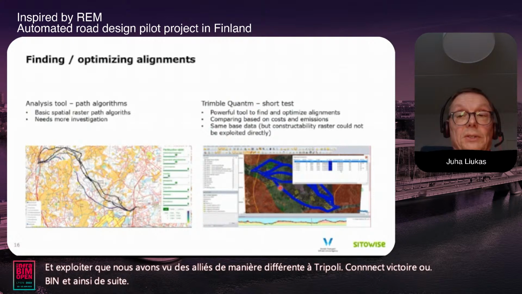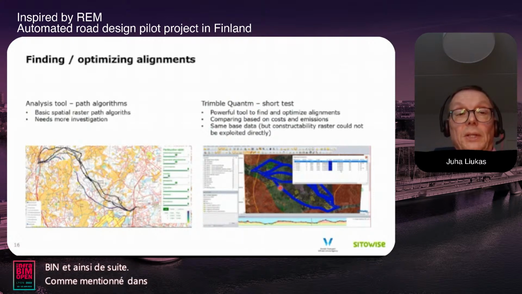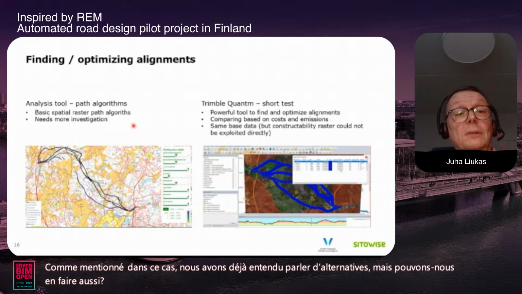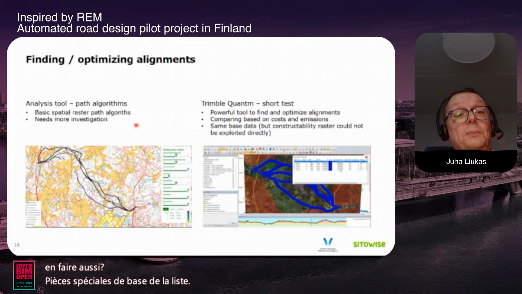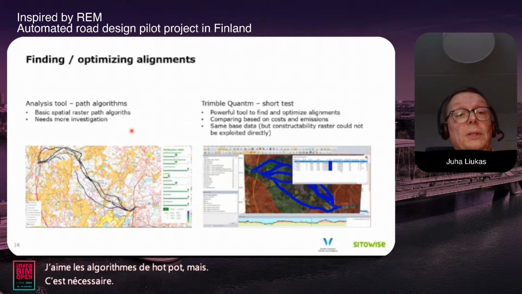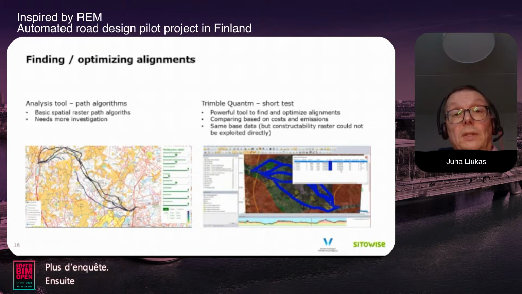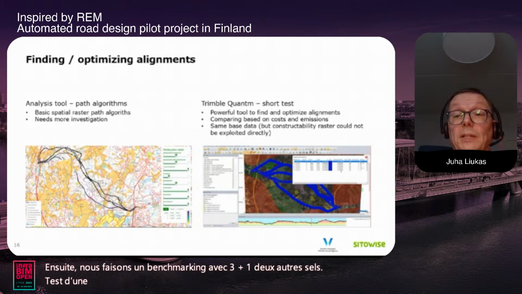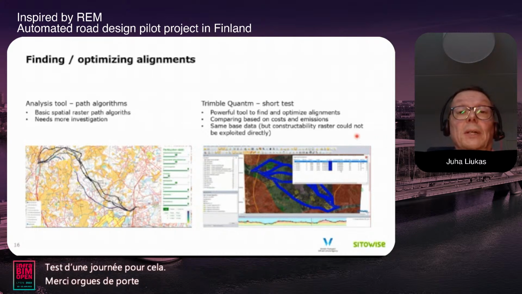As mentioned, in this case we had already two ready alternatives, but we also made some basic spatial raster path algorithms, but this needs more investigation. Then we made some benchmarking with Trimble Quantum, a short one-day test, thanks to Arcans Finland and Trimble Norway for that.